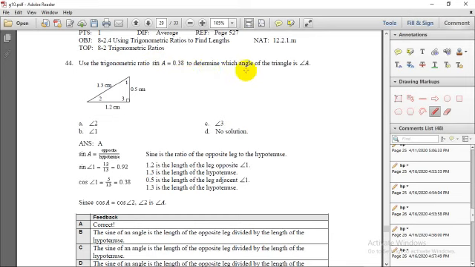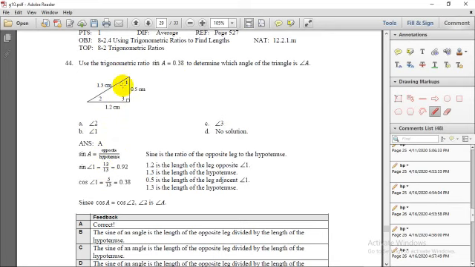Determine which angle of the triangle is angle A. Okay, sine A, which is 0.38, you're going to type 0.38 with your calculator and press S to D to make it a fraction. And we're going to check angle 1 and angle 2 and their sine.